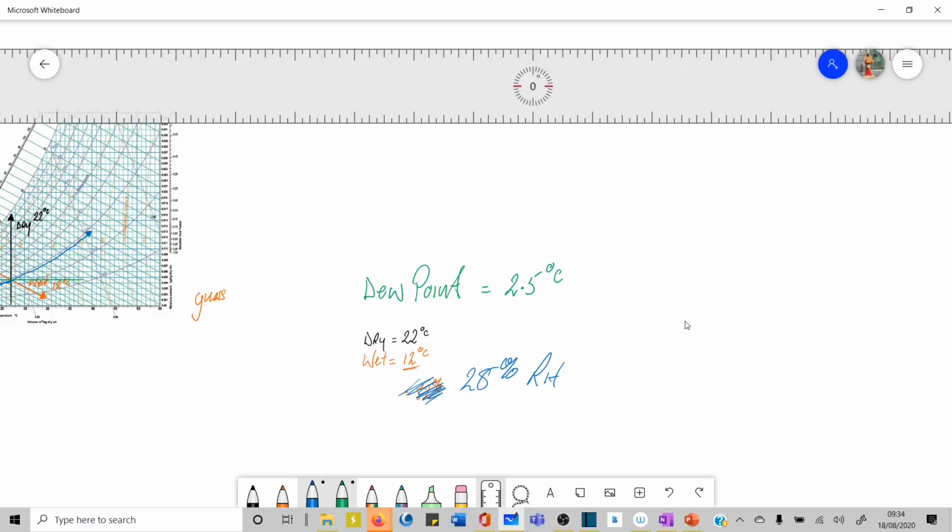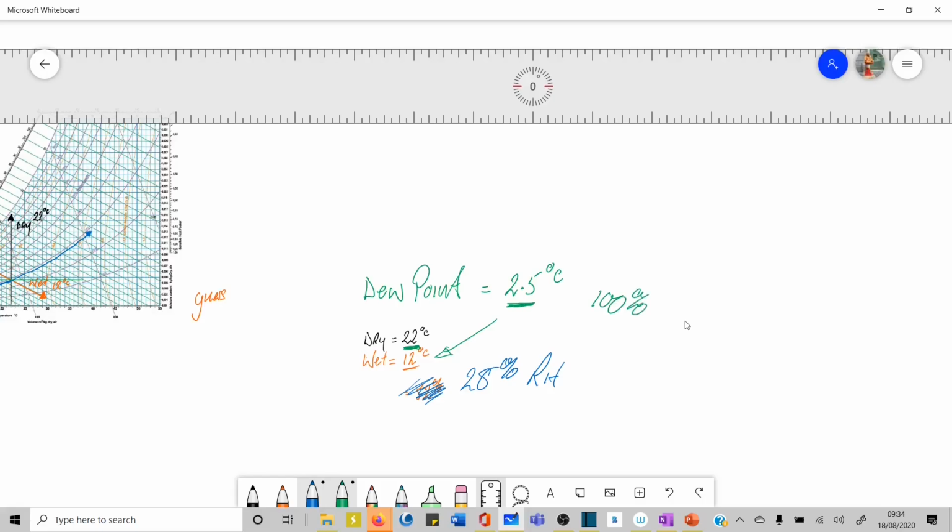However, what this actually is saying is that at 2.5 degrees, if we were to suddenly drop this temperature very, very quickly, very rapidly down to 2.5, that would make the wet bulb 100%.